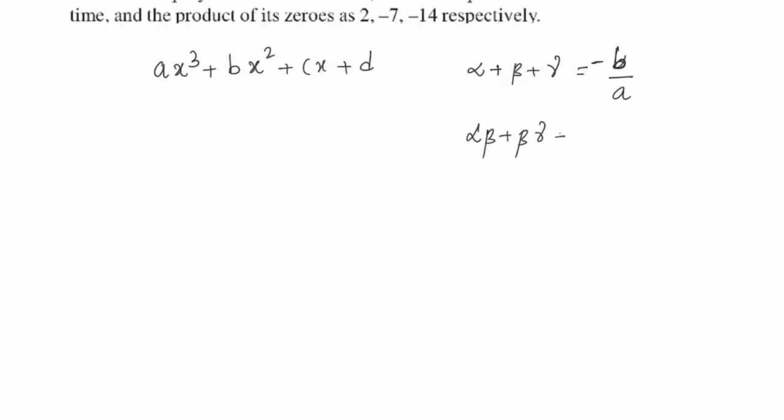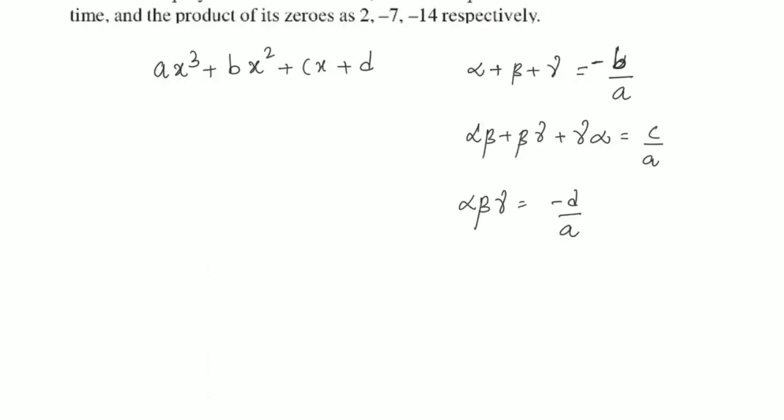We know the polynomial is ax cube plus bx square plus cx plus d, where the relation between alpha plus beta plus gamma, sum of zeros, is minus b by a, alpha beta plus beta gamma plus gamma alpha is c by a. Then the product is minus d by a.